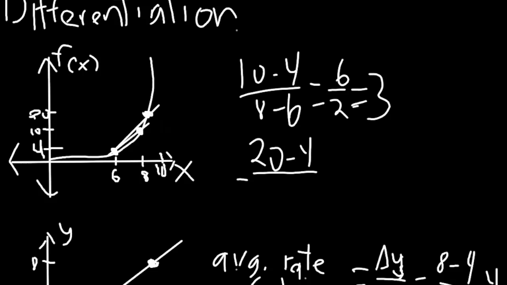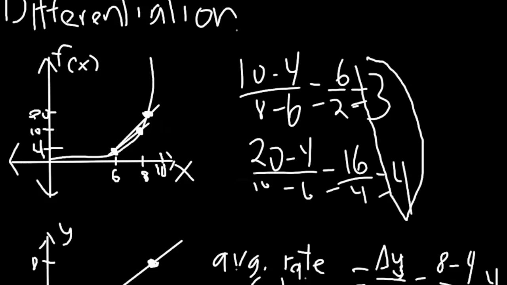Sorry, that's not a negative, it's just there. Okay, and then what is that? 10 minus 6. So that's 16 over 10 minus 6, which is 4. So look at this. The average rates of change are different, but we can't have that. This is where differentiation comes in.